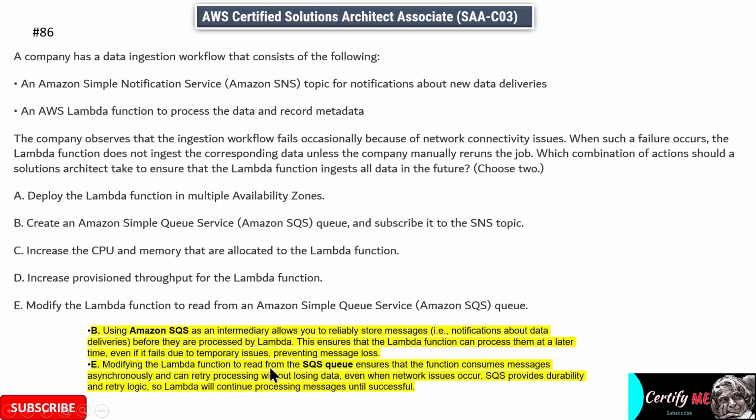Modifying the Lambda function to read from the SQS queue ensures that the function consumes messages asynchronously and can retry processing without losing data even when network issues occur. SQS provides durability and retry logic, so Lambda will continue processing messages until successful. Next question.